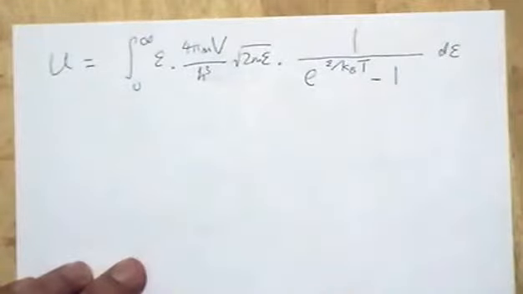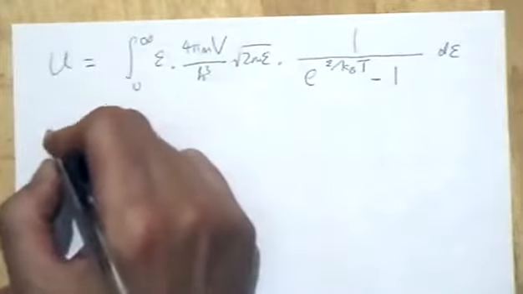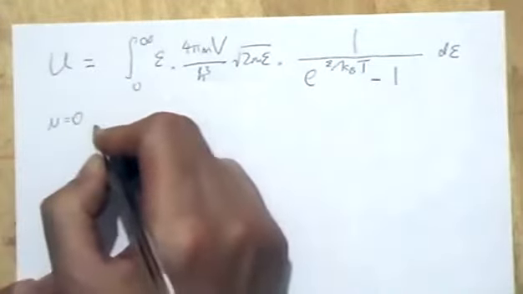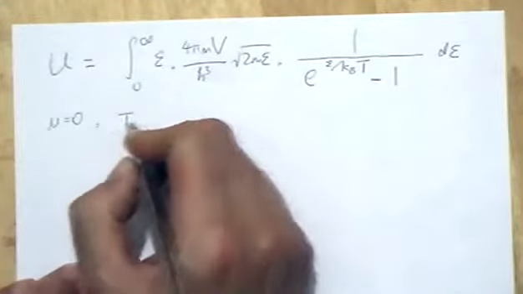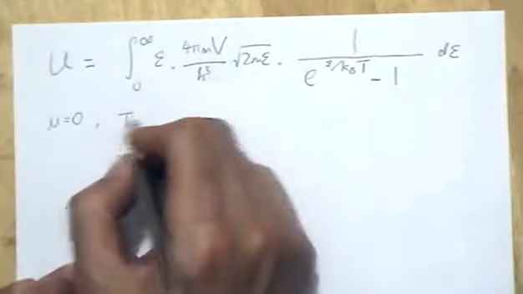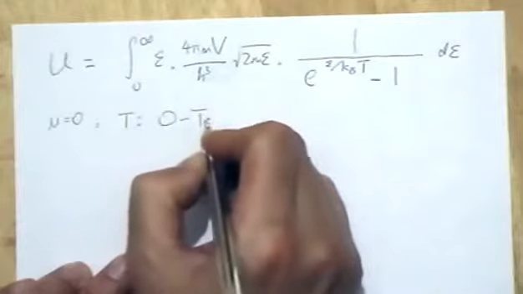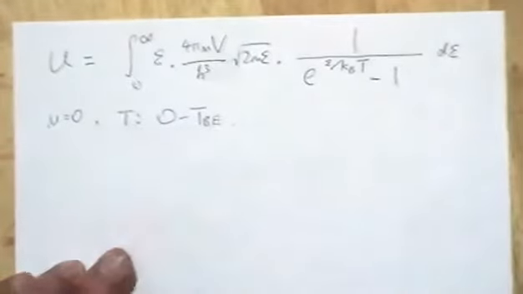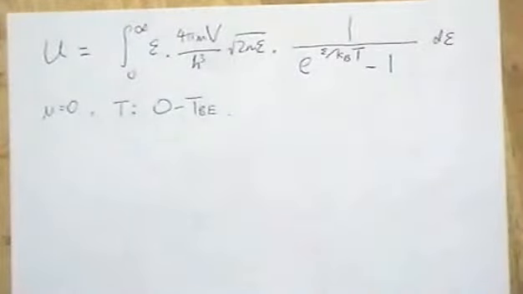Okay, so this is what we have, and what we've done is we've set mu to 0. Alright, because this is true for temperature from 0 to TBE. So that's the condition that we are working in.